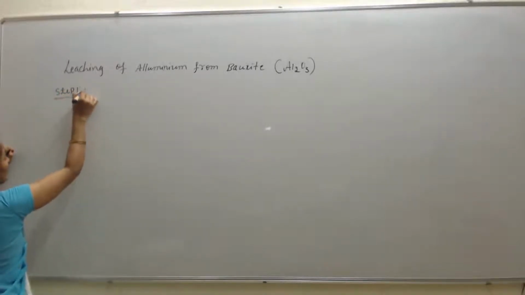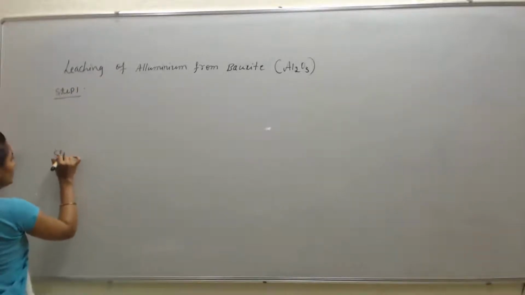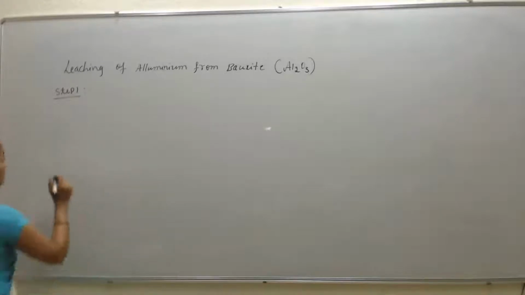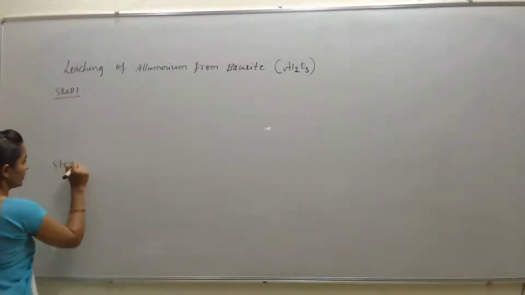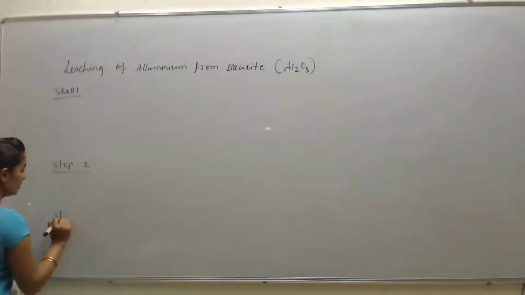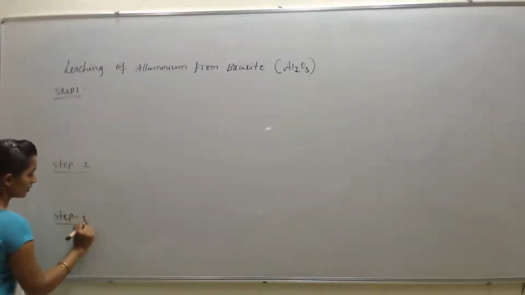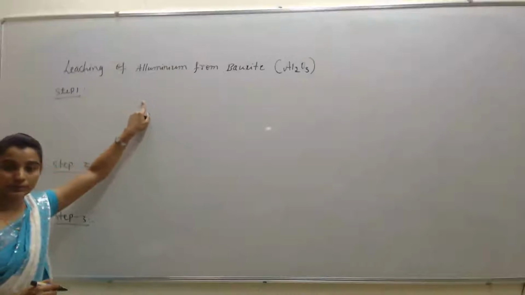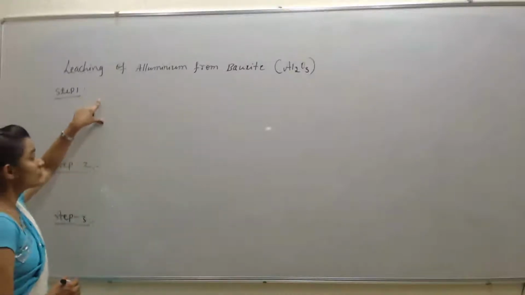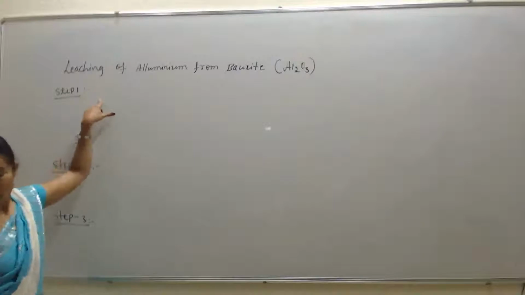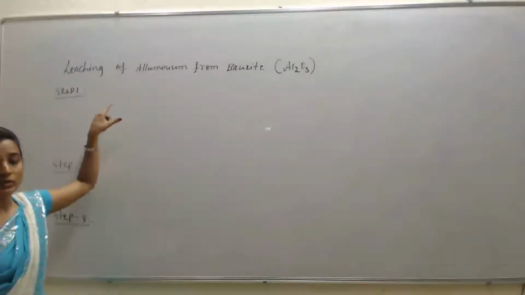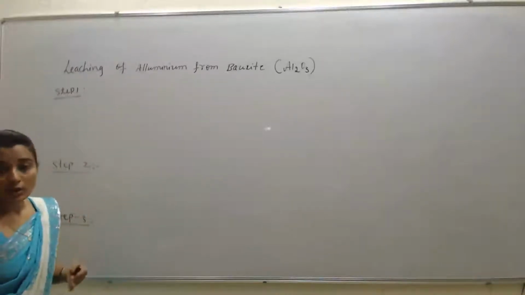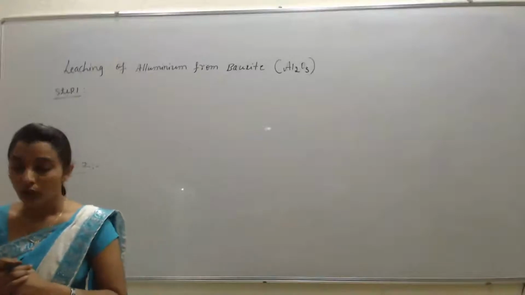In step 1, what happens I will say. Step 2 is there and step 3 is there. So in the first step, the bauxite ore is mixed with a suitable material. Here this leaching process takes place based on the solubility of the metal atoms with any other atom.